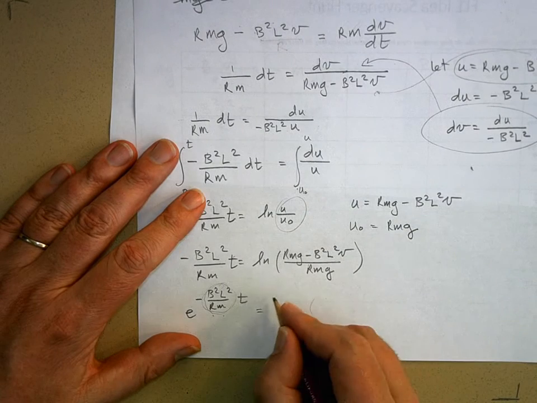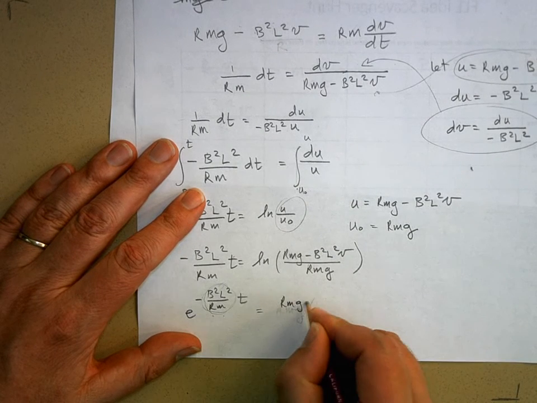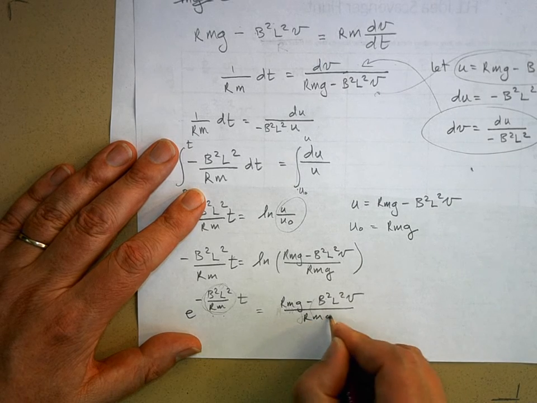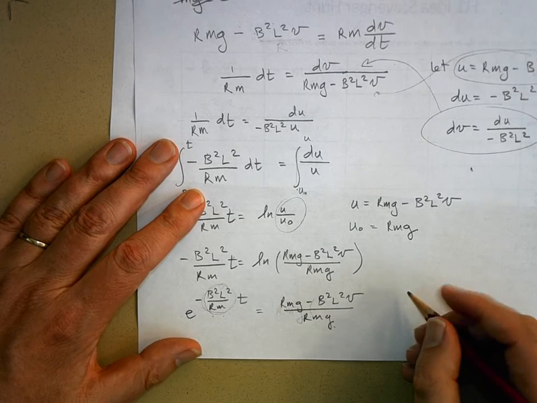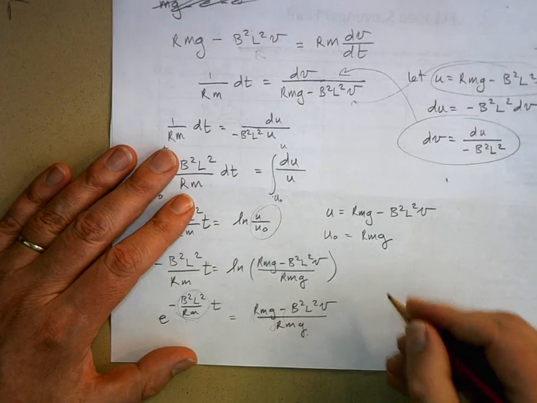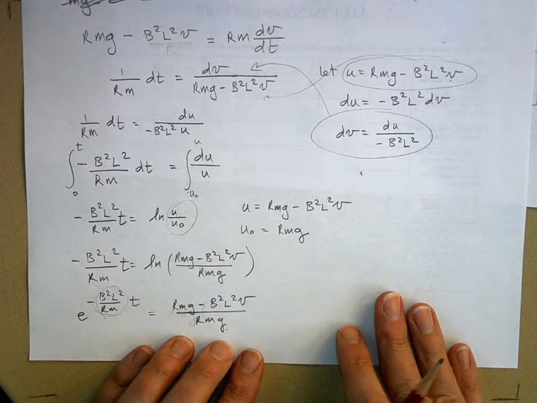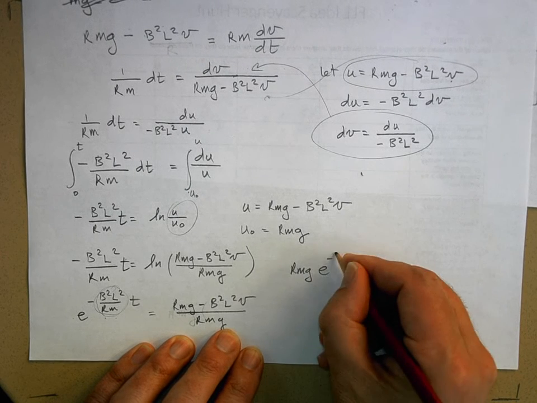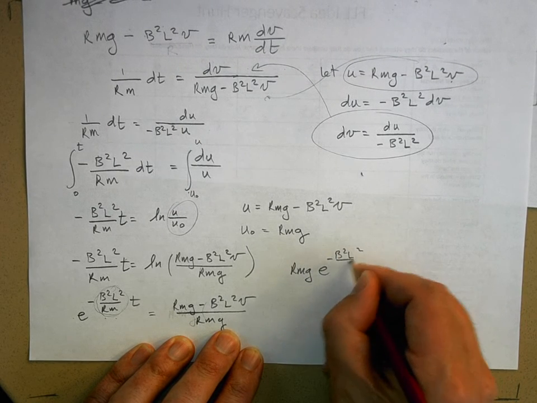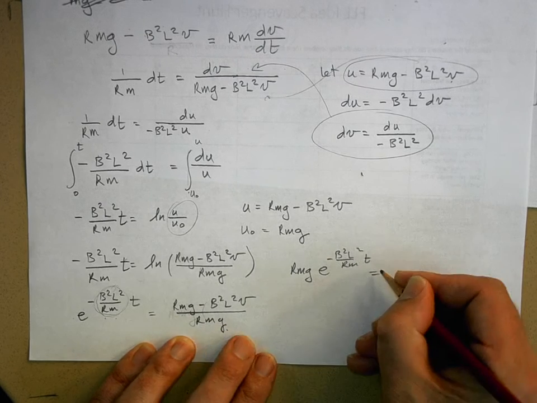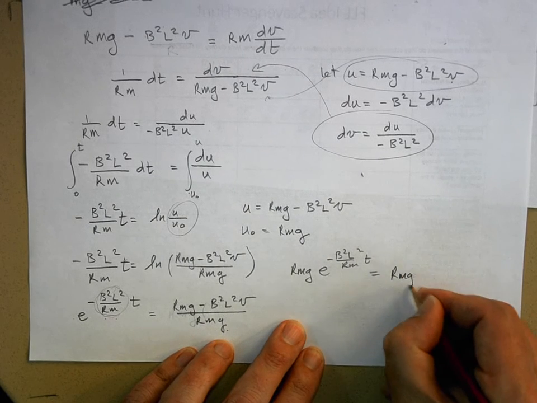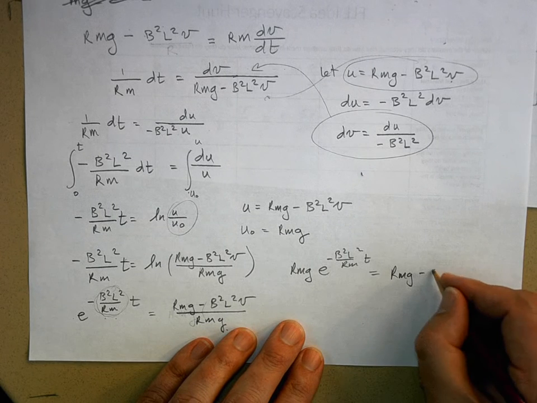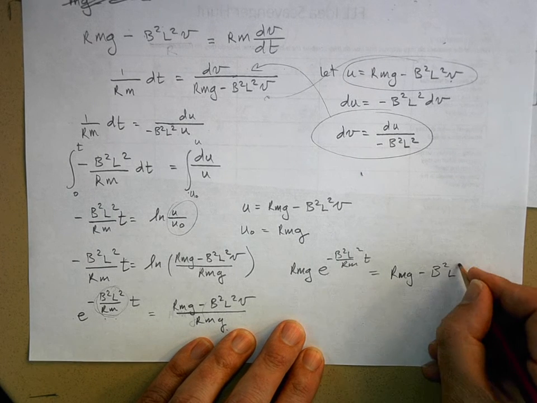It's just equal to rmg minus b squared L squared v over rmg. So multiply, put that on the other side. So rmg times e to the negative b squared L squared over rm times t equals rmg minus b squared L squared v.